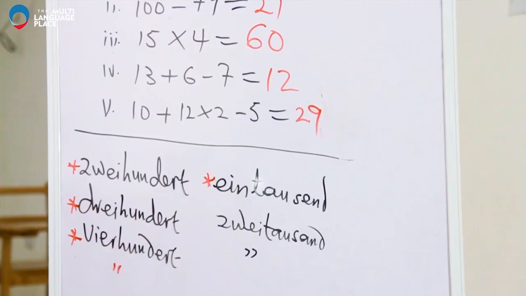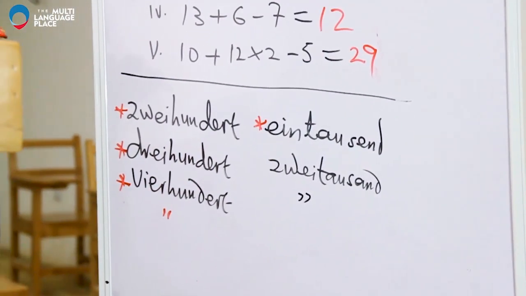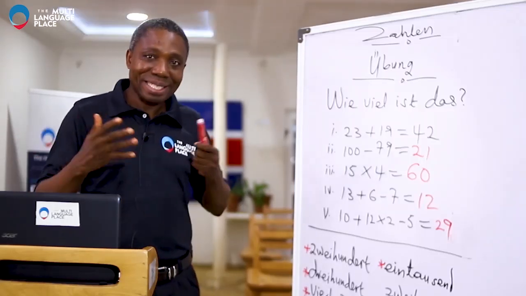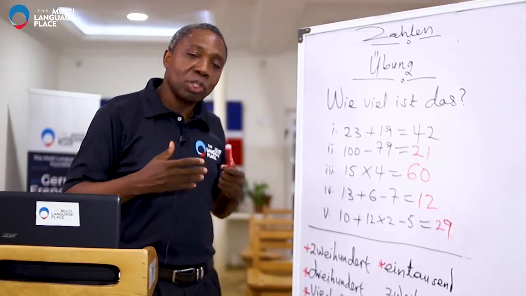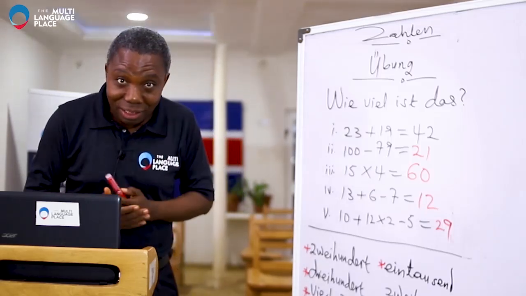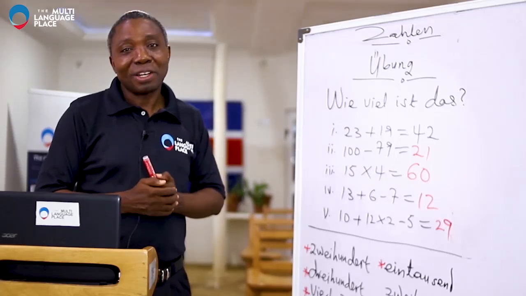Just keep on going, and later we'll talk about the rest, the other numbers. Okay, I hope with this we are able to master all the numbers, and then we know some arithmetic calculation or mathematical calculation, and with that we are able to use the numbers on a regular basis.